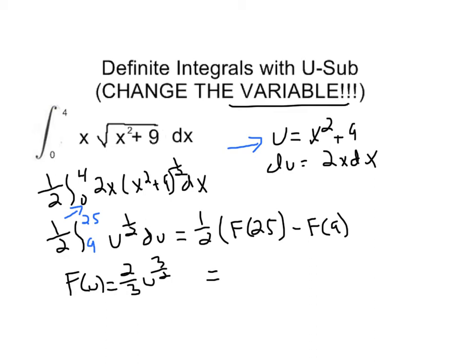That means that my definite integral is evaluated at 1/2 times 2/3 times the square root of 25 cubed minus 2/3 times the square root of 9 cubed.